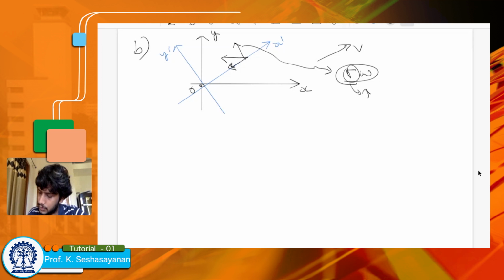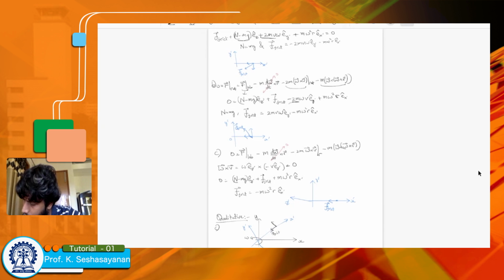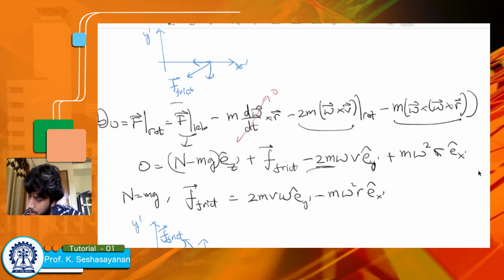Now let's come to the last part, which is A, since we are going from C to A. So this is our x prime, y prime, and here x and y. In A, we found that the frictional force is in the minus x prime direction and minus y prime direction.